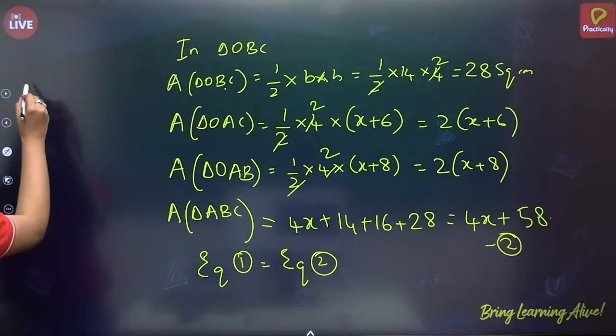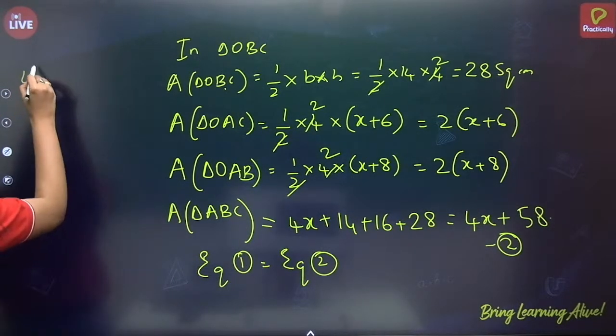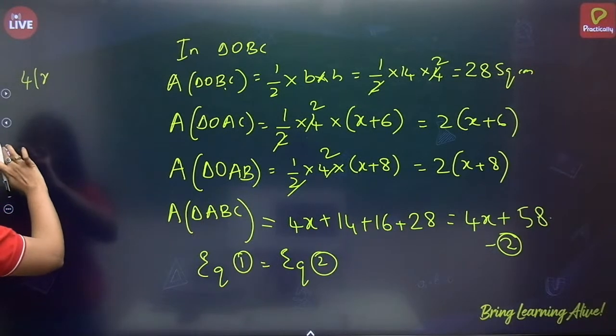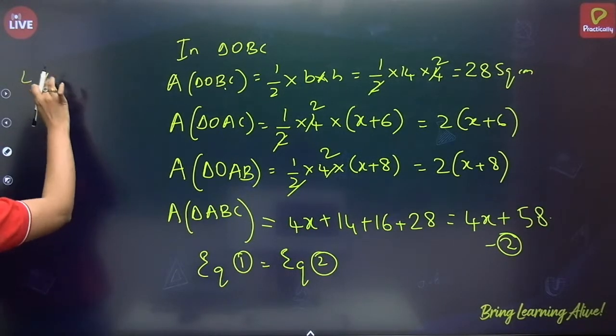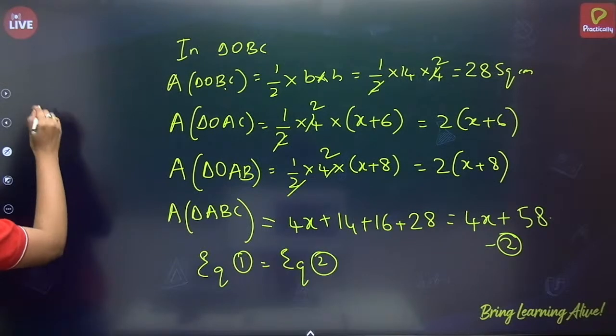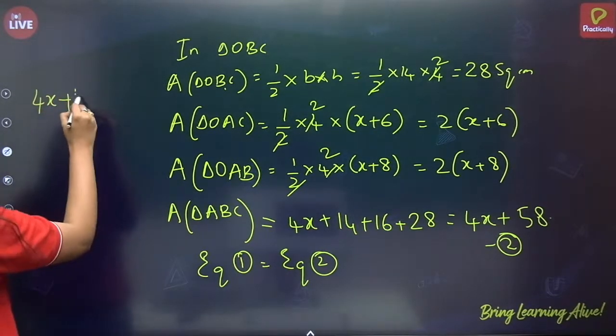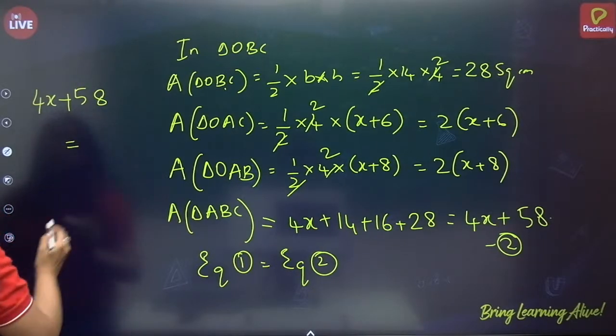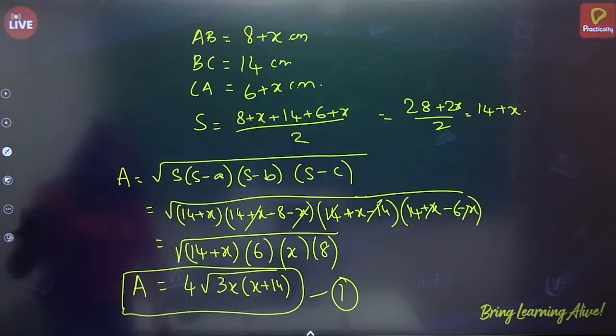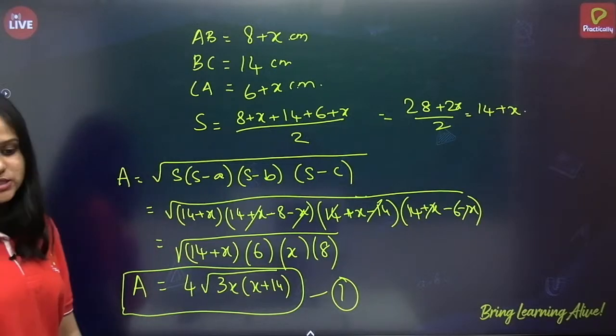Alright, so I'm doing it here. 4x plus 56 is equal to 4 root 3x plus x plus 14.